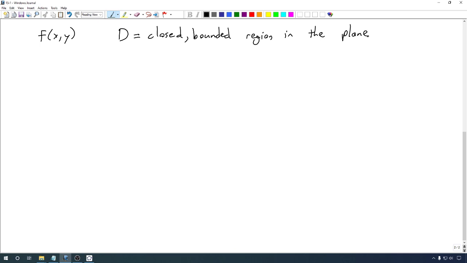Kind of the same kind of regions that we were looking at when we were finding absolute maximums and minimums. And we want to see what is the integral of this function over that region. And we'll get into what that will even mean in a moment.